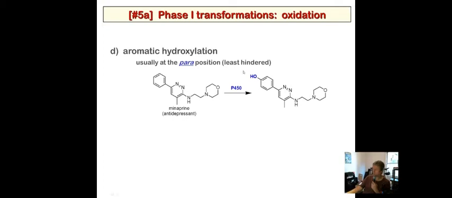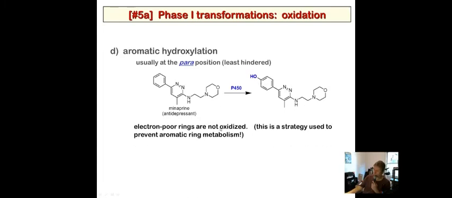Of course this is a more polar metabolite and would be more readily excreted. Like a lot of the previous examples, you're introducing a polar functionality. You're either introducing it and that can cause cleavage, or like in the dealkylation cases, you've dealkylated and that allows attachment of a conjugate, like a phase 2 reaction. But this is a case where the hydroxy group is just attached to the benzene.